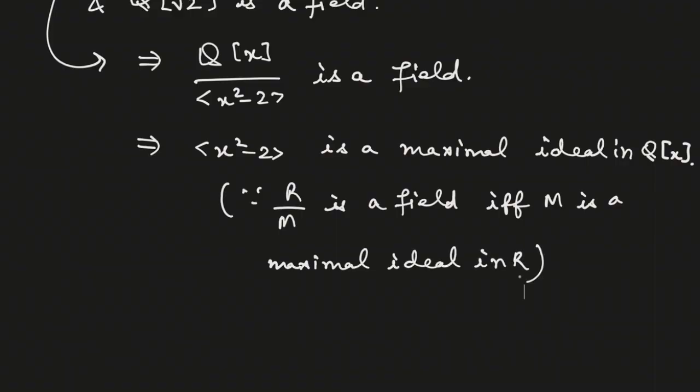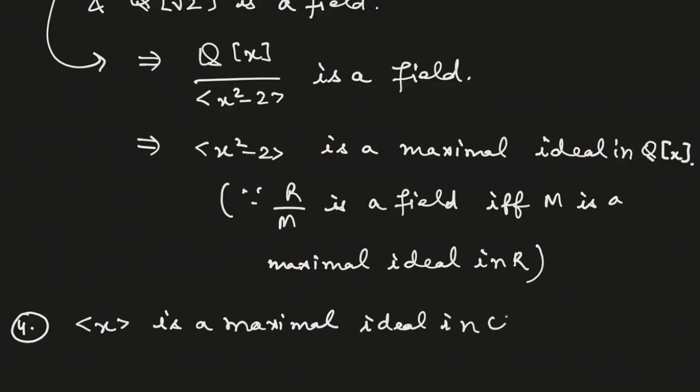Next example, fourth: the ideal with generator x is a maximal ideal in Q[x].